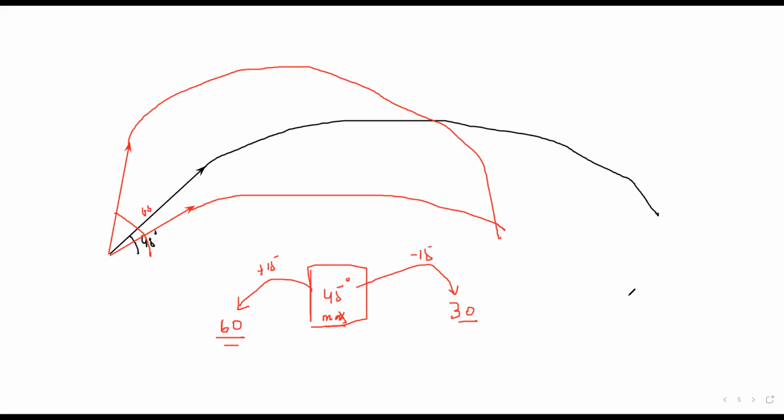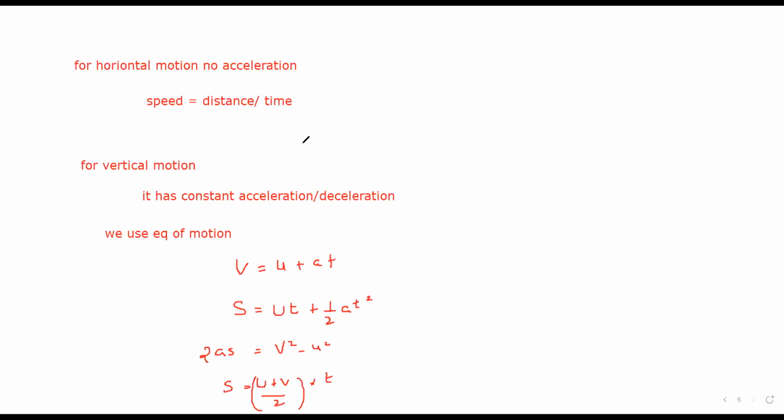If it's more than or less than 45, then the range will decrease. And we'll solve questions now. For horizontal motion, there is no acceleration, so speed is distance over time. For vertical motion, there is a constant acceleration or deceleration, so we'll use equations of motion.